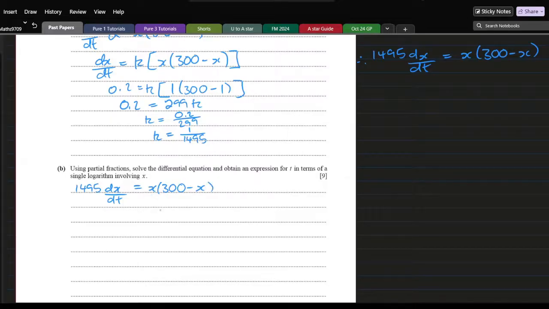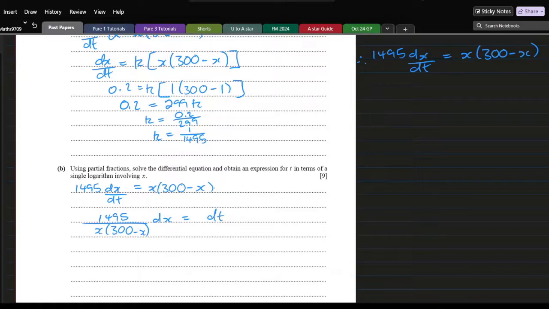Okay, so we can separate our variables and put everything that is x on the left hand side. So what we end up with is 1495 over x times 300 minus x dx is equal to dt.